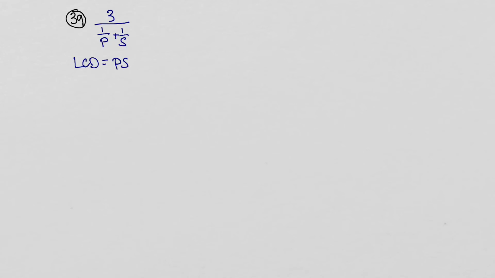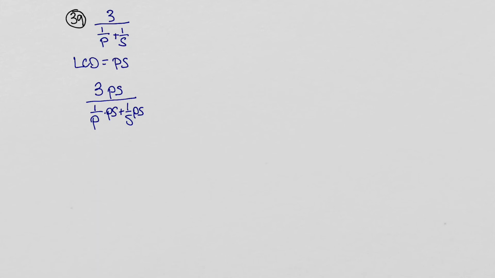Now let's take this PS and we'll put it next to each original term. I'll put it here, I'll put it here, the p's will cancel, and I'll put it here, the s's will cancel. So let's do that. So I'm going to get 3 times ps over 1 over p times ps plus 1 over s times ps.